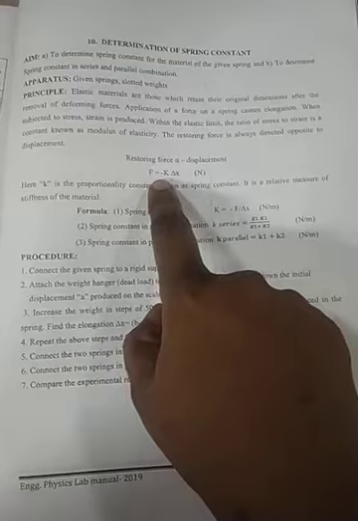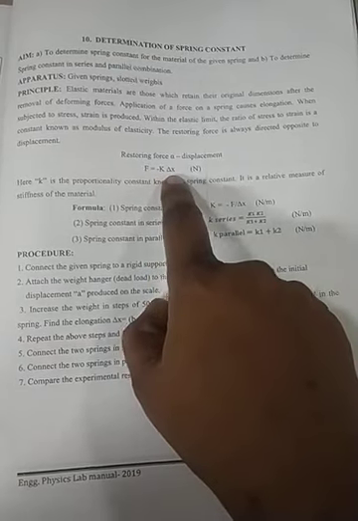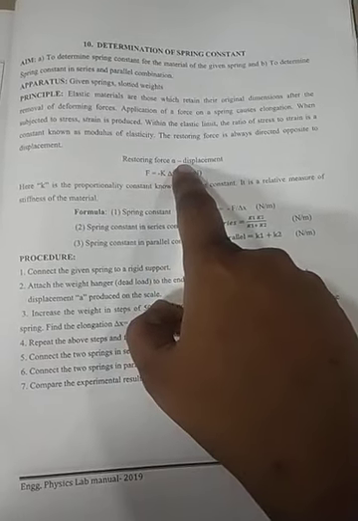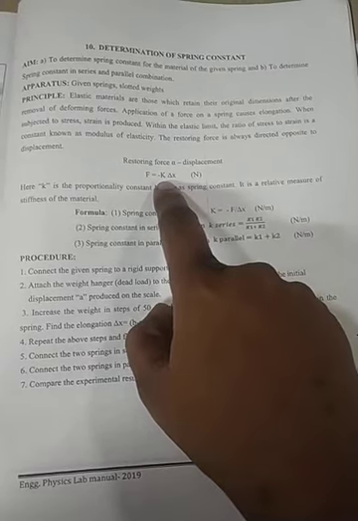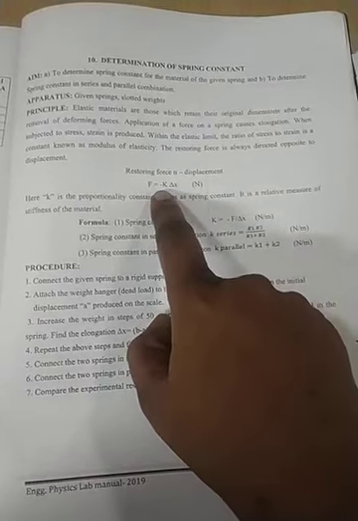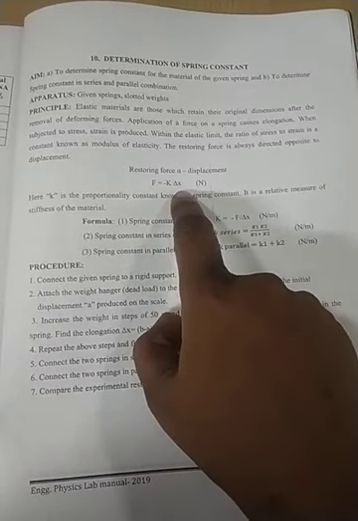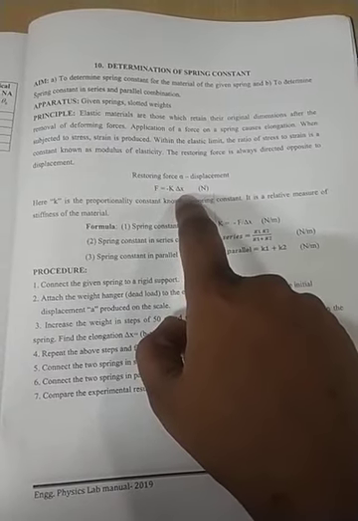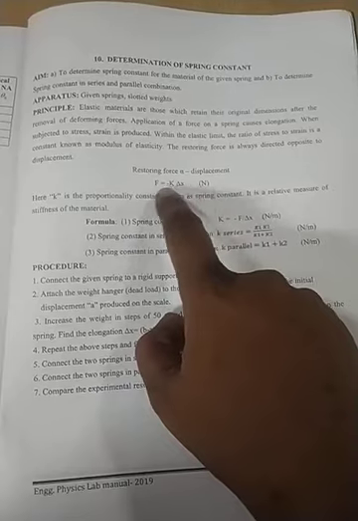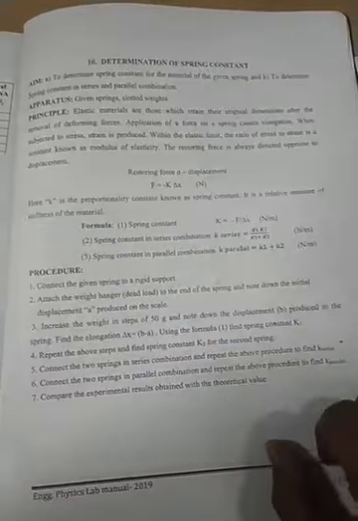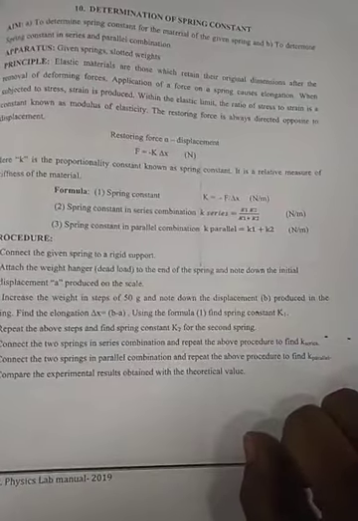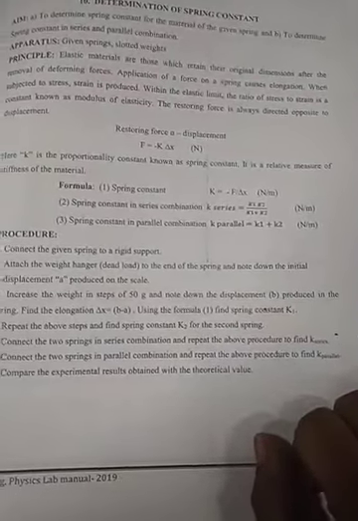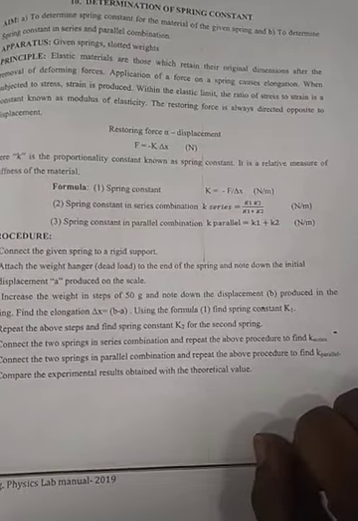Therefore, F is equal to minus K into X. The proportionality constant is called the spring constant, K. So F is equal to minus K into delta X, where delta X is the total displacement produced for a given load. With respect to this, we have to calculate the equivalent spring constant when the springs are in series combination and in parallel combination.